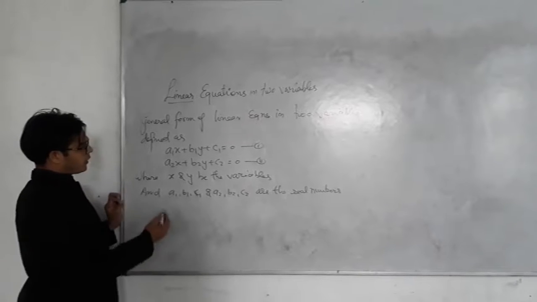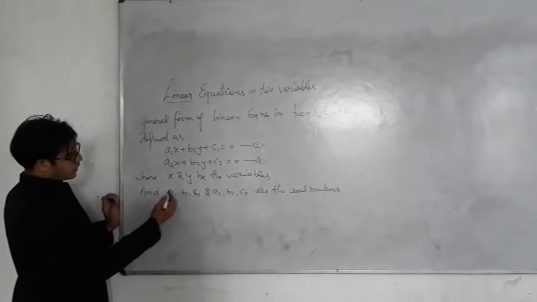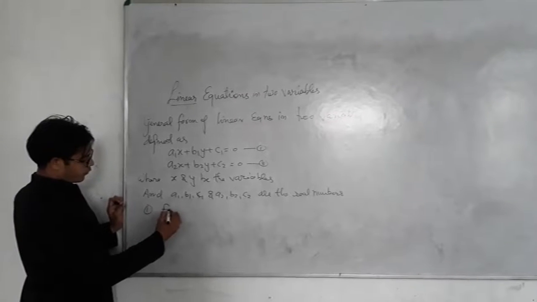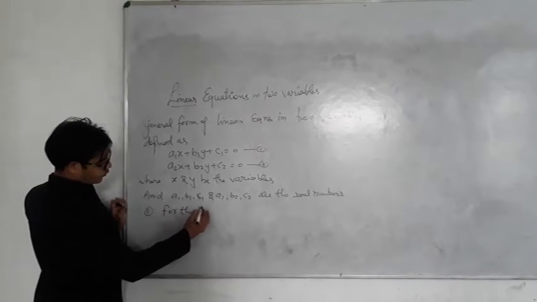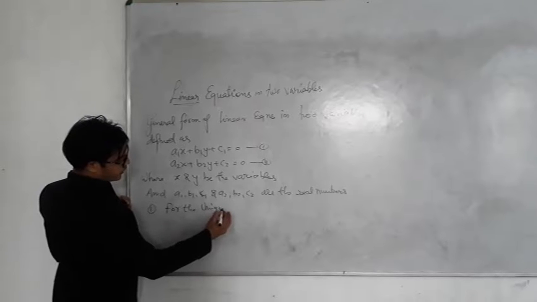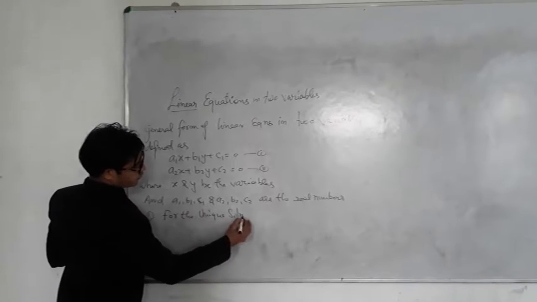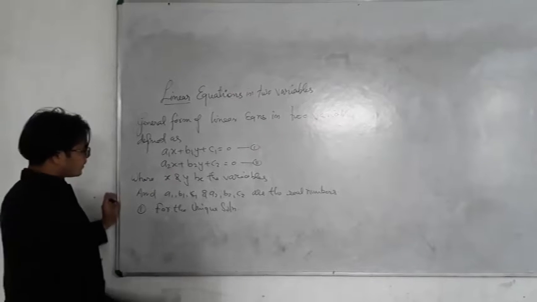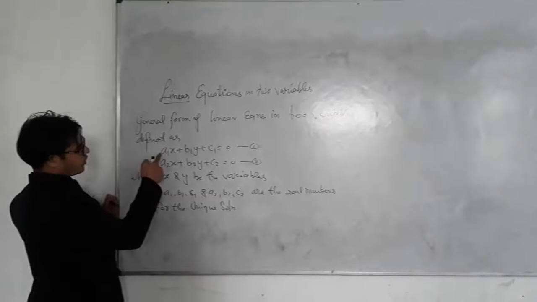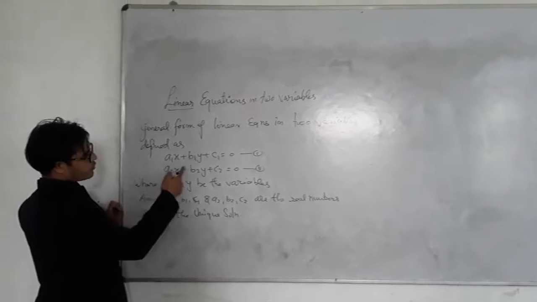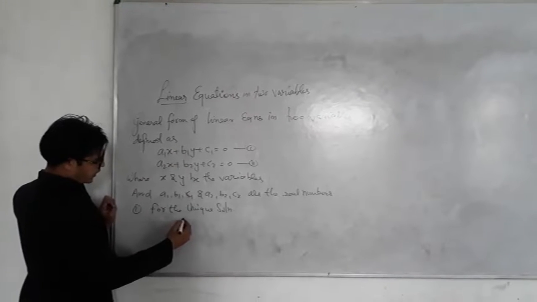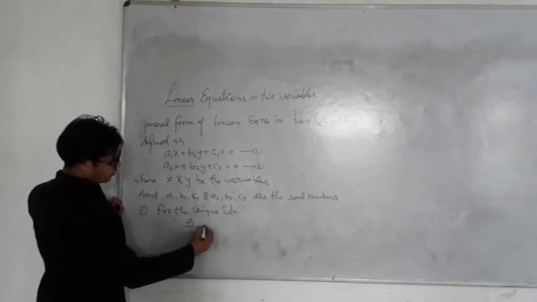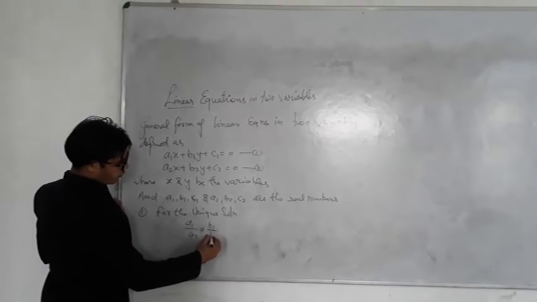First of all, case number one, the unique solution. What will be the condition for the unique solution? Here a1 upon a2 is not equal to b1 upon b2.